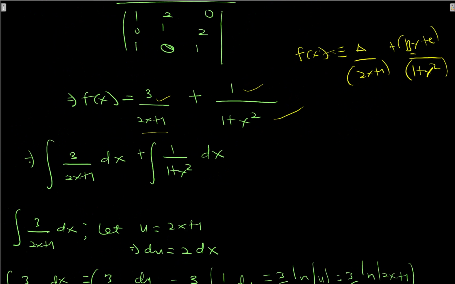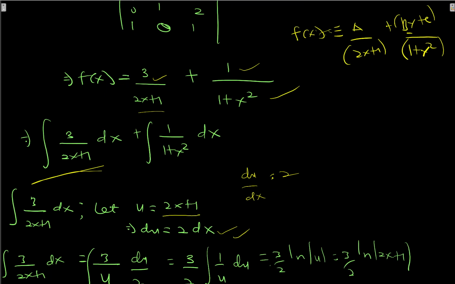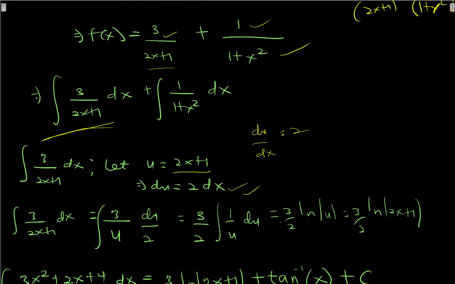We obtain this, and separately we can solve the first term using the method of substitution. So we let u be our denominator, 2x plus 1. This implies that the derivative of u with respect to x is 2, which is the same as 2 dx equals du.